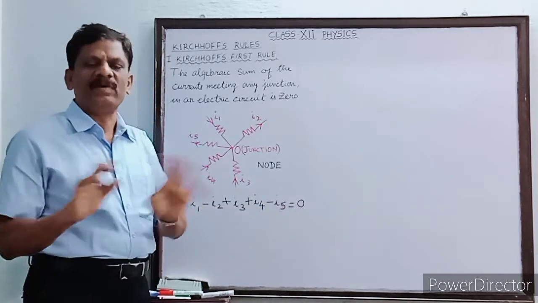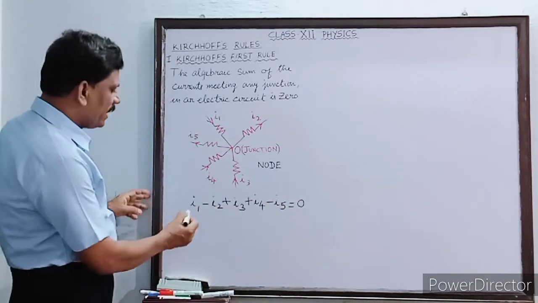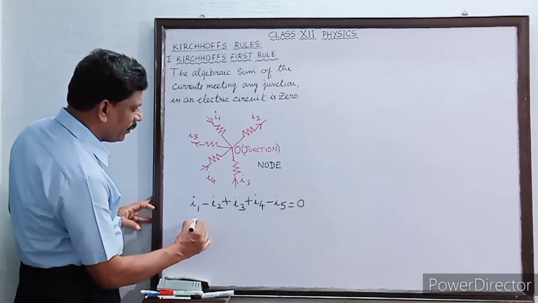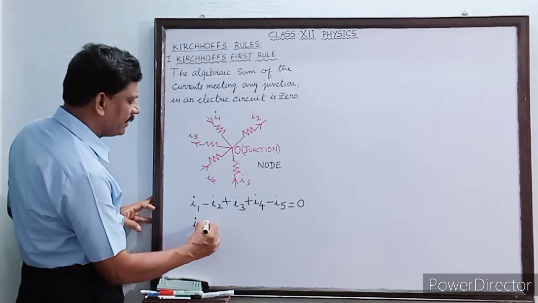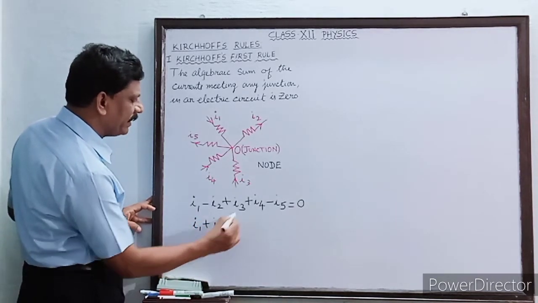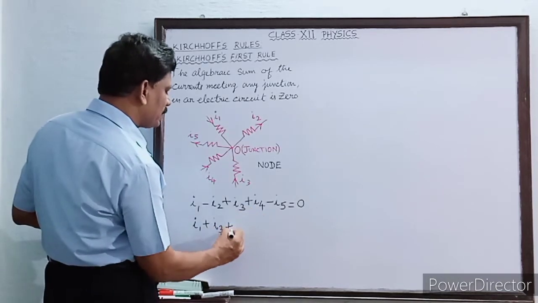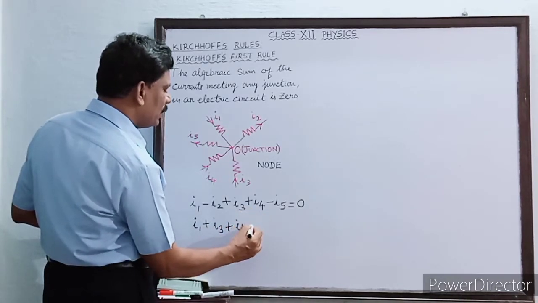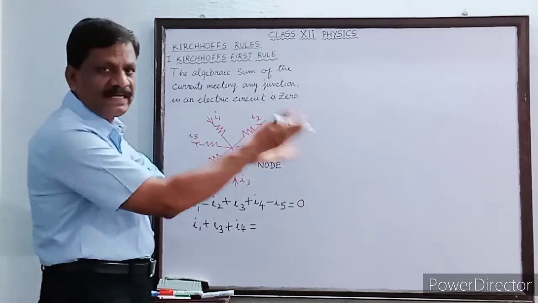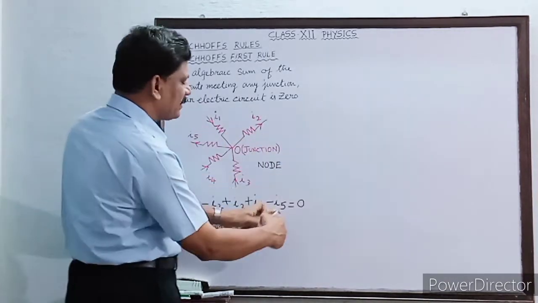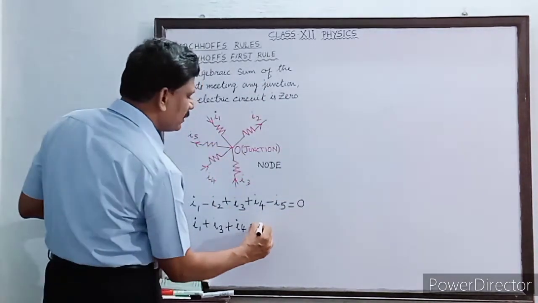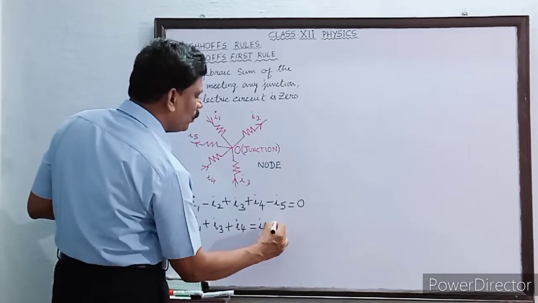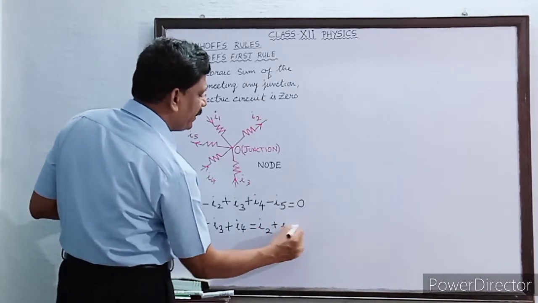So grouping of positive and negative terms. You say I1 is positive, so I will keep I1. Then plus I3 is also positive, and plus I4 also is positive. So taking the negative currents to the right hand side, minus I2 and minus I5 will come as what? This is equal to I2 plus I5.